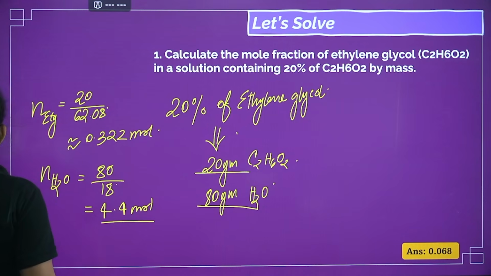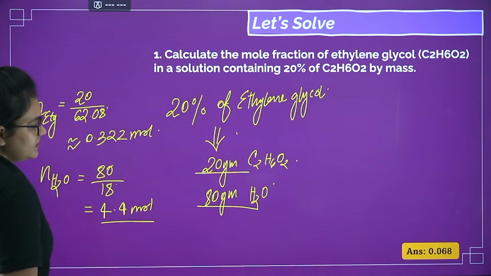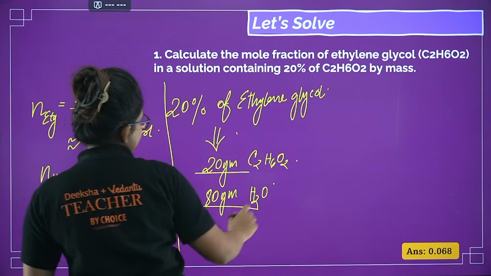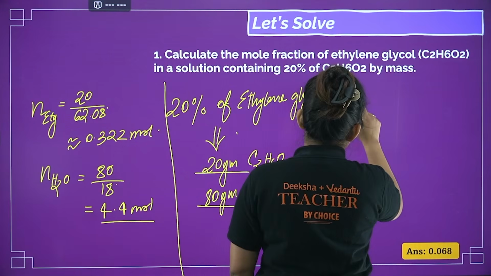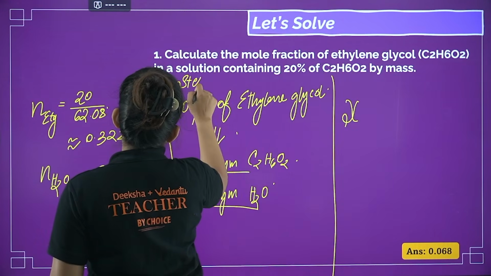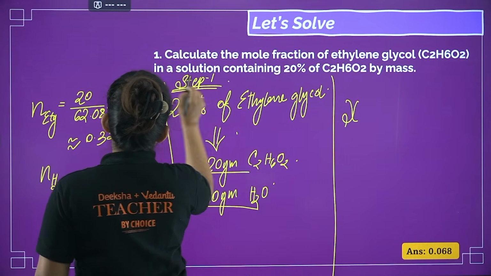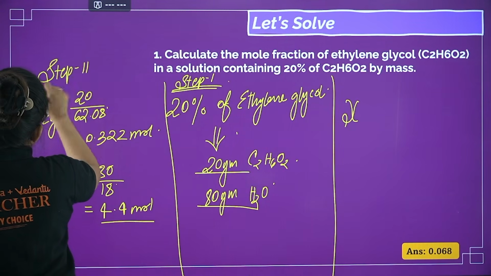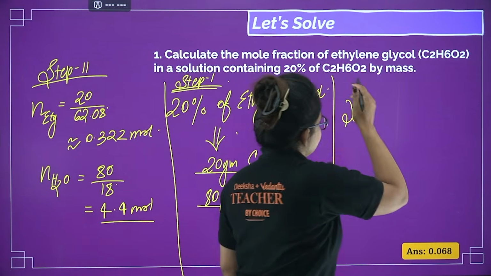Now what you have to find out is the mole fraction of ethylene glycol. So this is your step 1, this is your step 2, and this is my step 3.